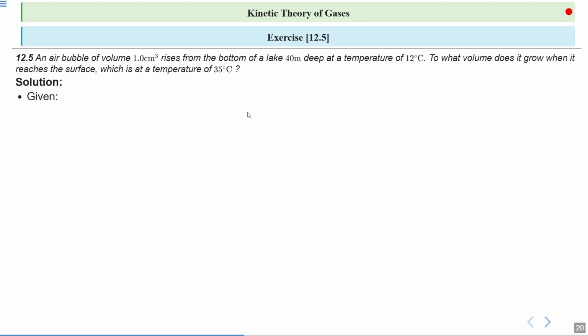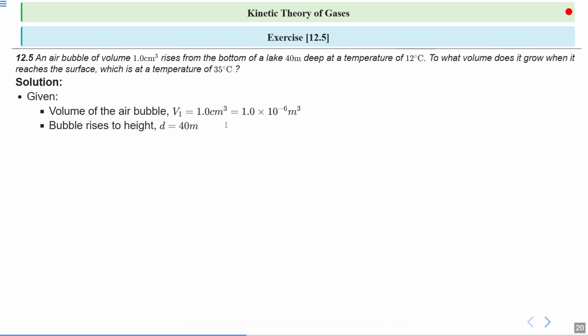Let's start by identifying what we know. We have an air bubble with an initial volume of 1.0 centimeter cube. This is the volume at the bottom of the lake, and we will need to convert it to cubic meters for our calculations. So it will be 1.0 into 10 raised to the power minus 6 meter cube. The bubble rises a height d equal to 40 meter.